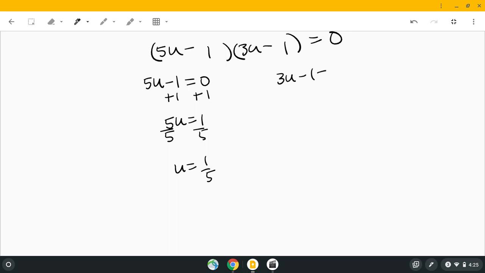Let's do the other factor. 3u minus 1 equals 0. Add 1. 3u equals 1. Divide both sides by 3. U equals 1/3. Okay, so back substitute.